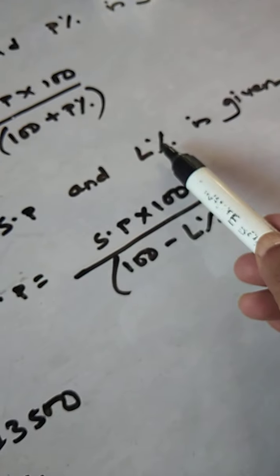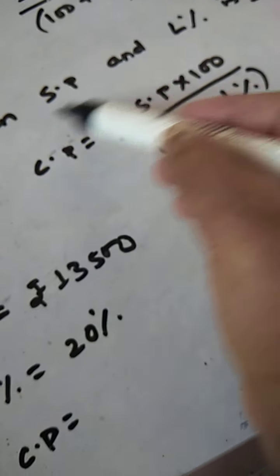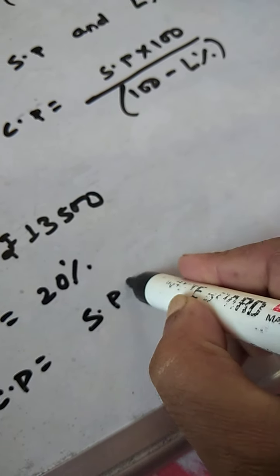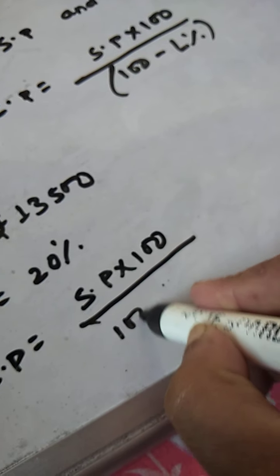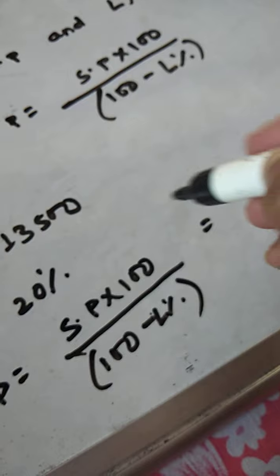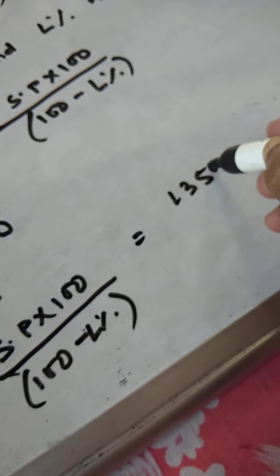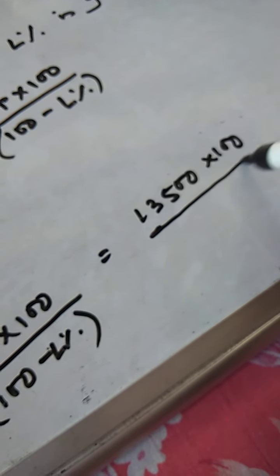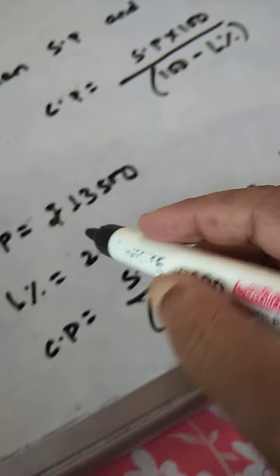So when SP and loss percent is given, which formula will we use? We'll use this formula, students. CP is equal to SP into 100 upon 100 minus loss percent. Now how to write it down? SP value is 13,500 into 100 upon 100 minus, what is the loss percent? 20.